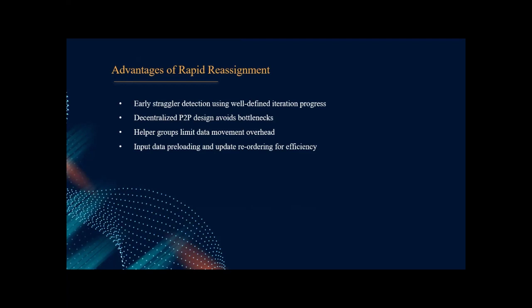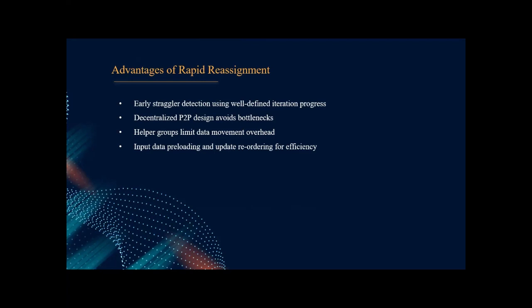Helper groups limit data movement overhead. Data movement overhead refers to the extra time and resources it takes to transfer data between devices or users in a network. By using a helper group, this workflow may limit the amount of data that needs to be moved around between team members. Input data preloading and update reordering for efficiency.